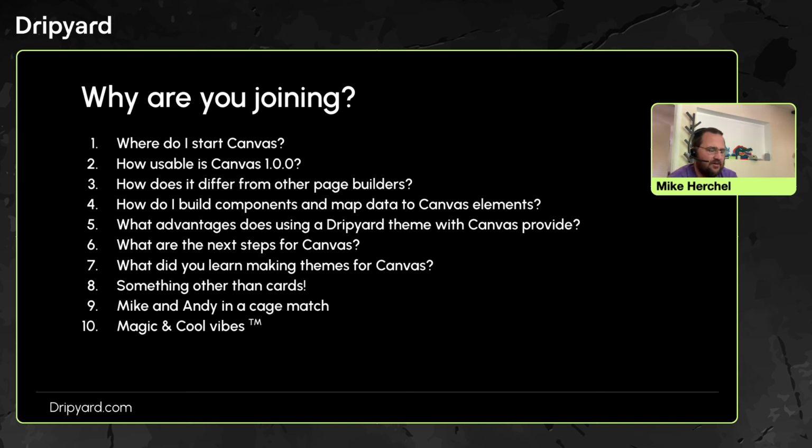They want to know how to start, how usable it is, what's different about it. They want to know why use a Dripyard theme. What does a Dripyard theme give you with Drupal Canvas? Where is Canvas going? What does Canvas not do? Someone wants to see Andy and I in a cage match. And of course, number 10 is magic and some cool vibes, which is definitely going to come.